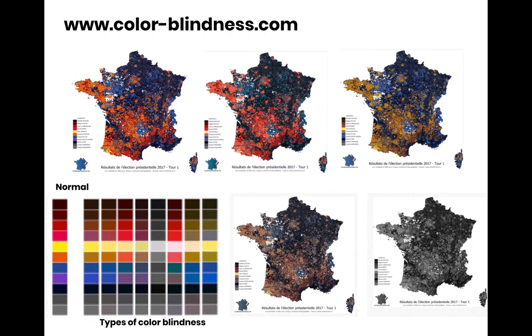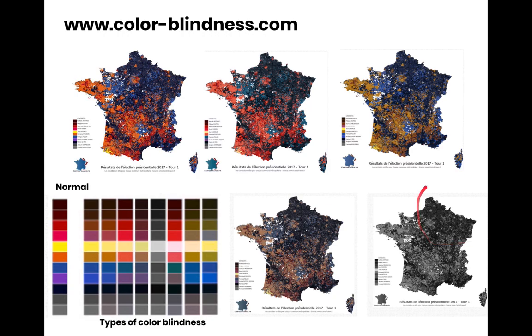These images are made from a website, colorblindness.com, which has a simulator. You can upload a map. I uploaded the one on the top left, and you can then check for different types of color deficiency. Now, each of the maps in the center, this one, and these ones, are simulating specific color vision deficiency conditions. And you can see this website has way more than I was just discussing.